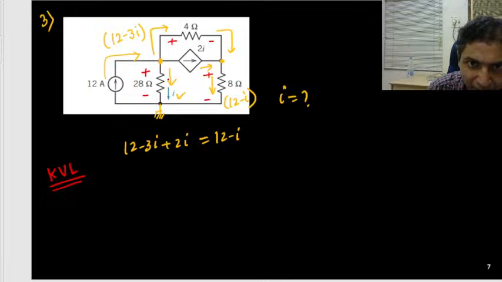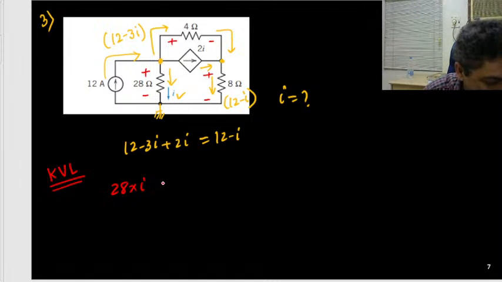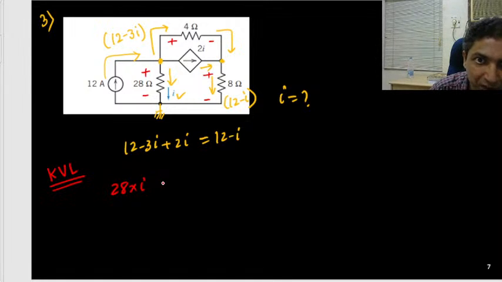So the voltage drop across this 28 ohm is 28 into small I. Is it okay? Then I will consider this 4 ohm. If I move in a clockwise manner, minus to plus is positive, plus to minus should be considered negative. So I will consider a negative sign.